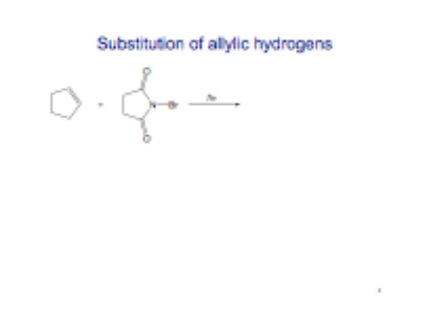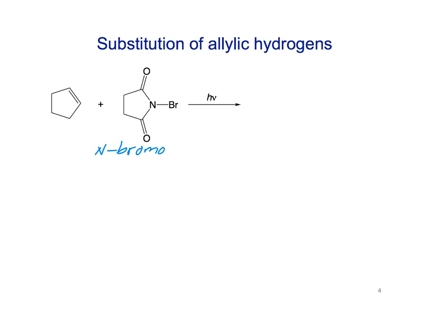All right, so let's look at the reaction. We've got a new reagent here. Okay, this is called N-bromosuccinimide. But we can just remember NBS. Okay?